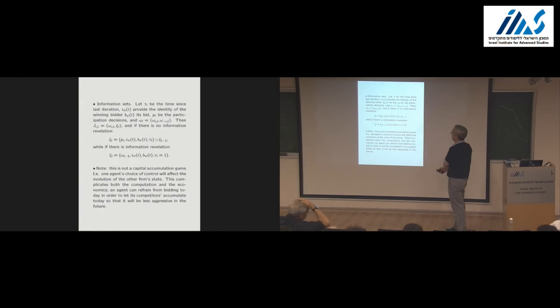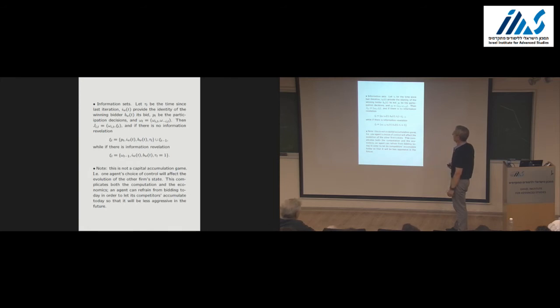So, information sets. One thing you know is the amount of time since the last revelation of information, the identity of the winning bidder of the current period and the winning bid, the participation decisions of the other firms, whether they bid or not, and your own omega.